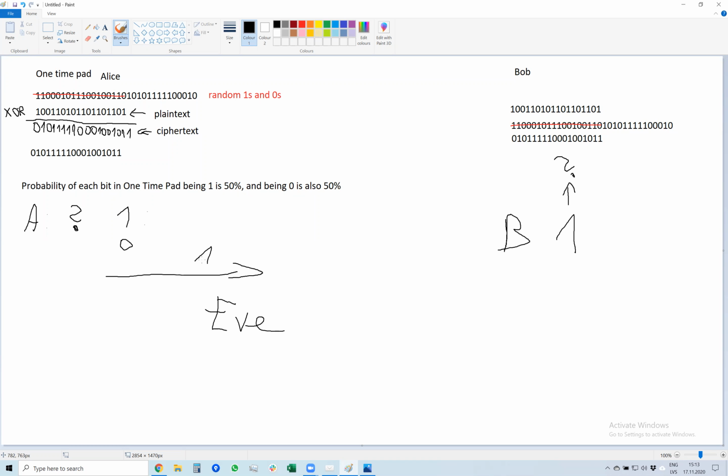So if it's all just guessing, then it's the same as if Eve didn't receive any message at all, right? So in cryptography, this property that you take random ones and zeros, you take your plain text XOR, and the ciphertext mimics the randomness of the one-time pad, is really, really important.